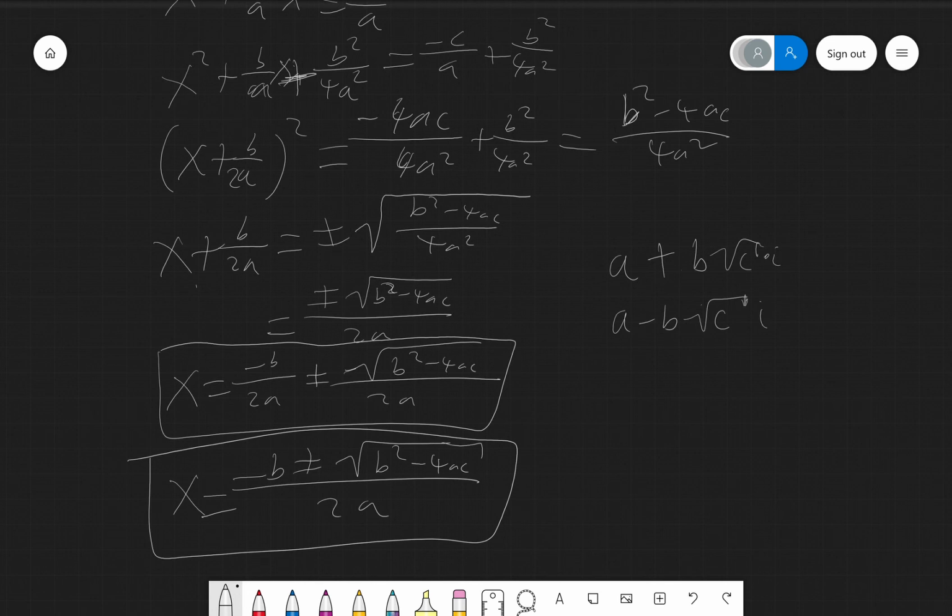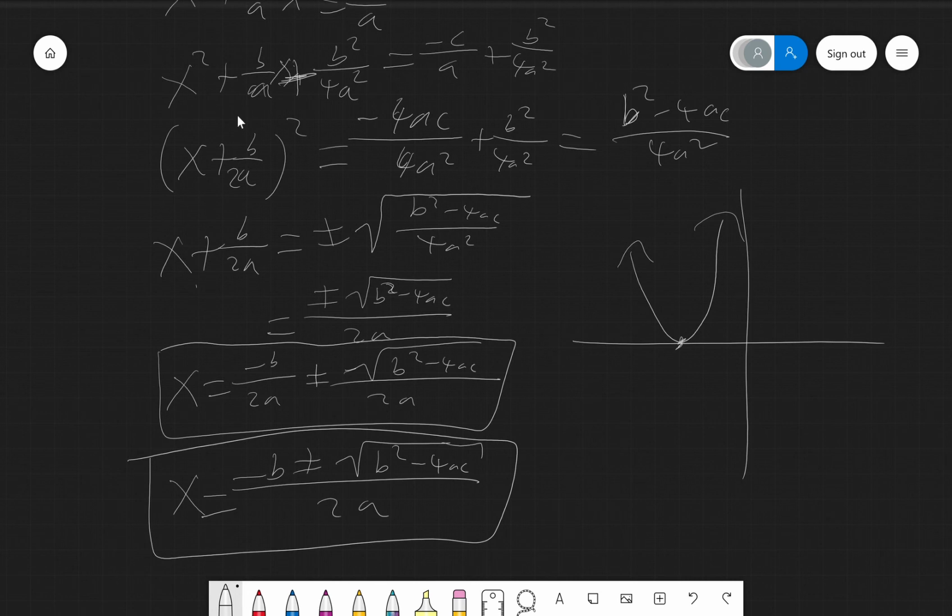And now the next thing I want to talk about is this b squared minus 4ac. Remember on our graph, the x-intercept. When there is one root, that means b squared minus 4ac equals 0.